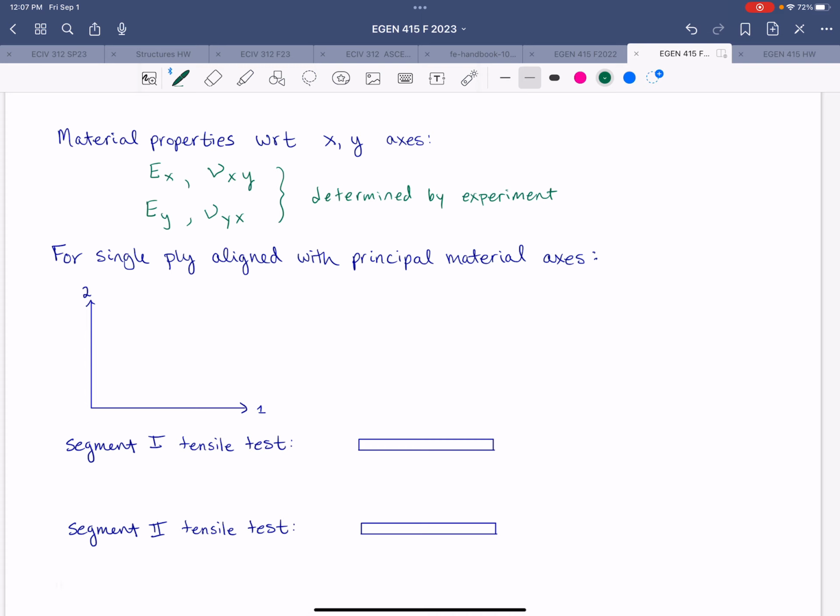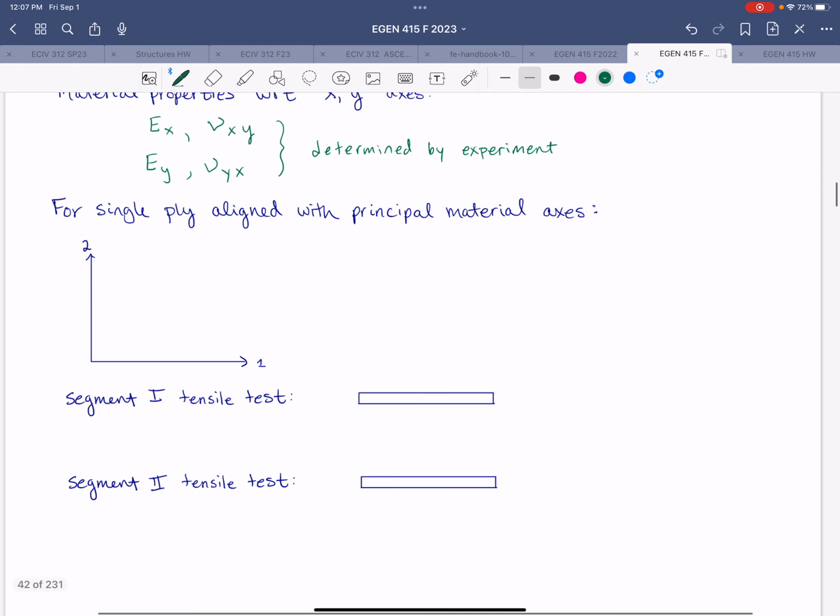All right, so if we consider a single ply that is aligned with principal material axes, then I'll sketch it on here. So we would have a rectangular section or a rectangular sheet of ply. We would use separate tensile tests, or separate strips is what I wanted to say.